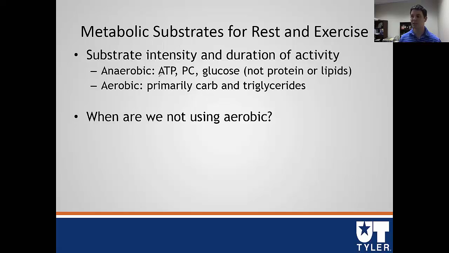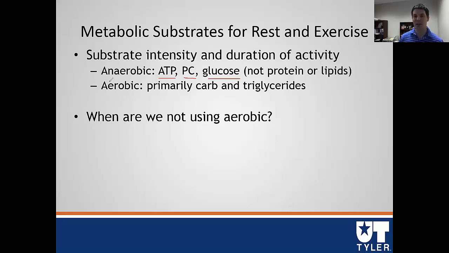Some of these include free ATP stores, creatine phosphate, and using glucose going through glycolysis alone. You'll note that no proteins or lipids can be used in the anaerobic production of ATP.